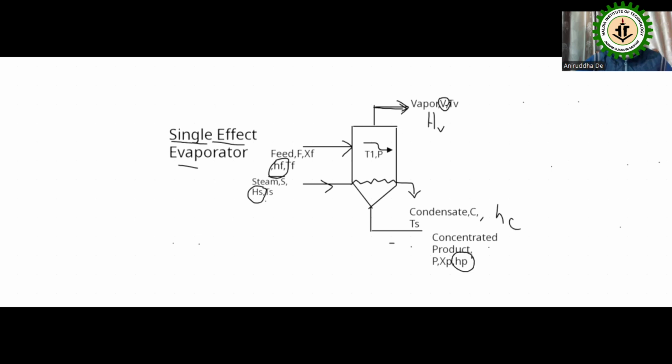So we can write the total heat energy input to the calandria: F into HF, the feed enthalpy, plus S into HS, the amount of heat present in the steam, will be equal to the heat going out from the calandria or evaporator, that is V into HV plus C into HC plus P into HP.